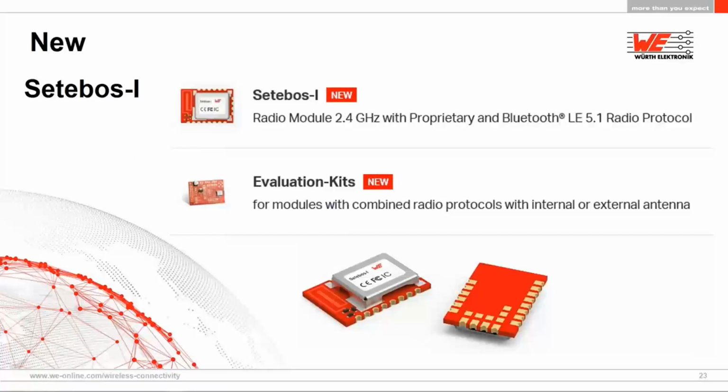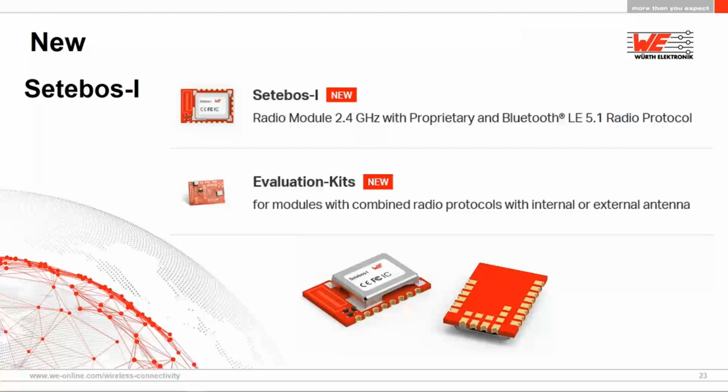Have a look. Very interesting, the latest in our portfolio, the Cetebos 1, which is a dual-purpose module based on the Nordic chip. It actually has both stacks on it: the radio for Bluetooth LE 5.1, Bluetooth Low Energy 5.1, as well as the 2.4 proprietary radio stack.